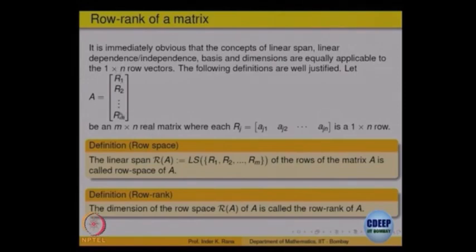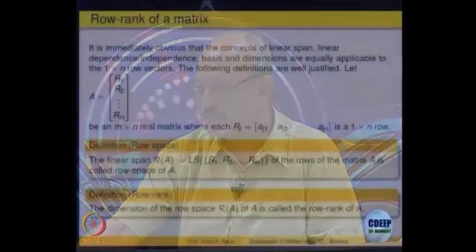So, these vectors R 1, R 2, R m, if you put them together in a set and generate a vector space, that means the linear span of the row vectors R 1, R 2 and R m is called the row space of the matrix A. Each vector has n components, so the row vectors generate a subspace of R n, and that is called the row space.